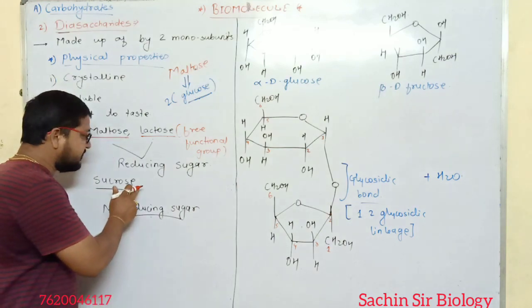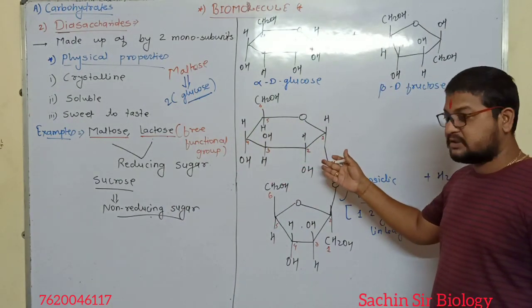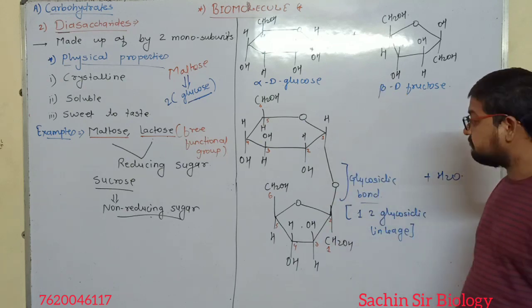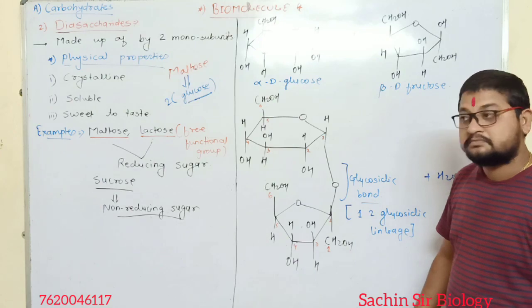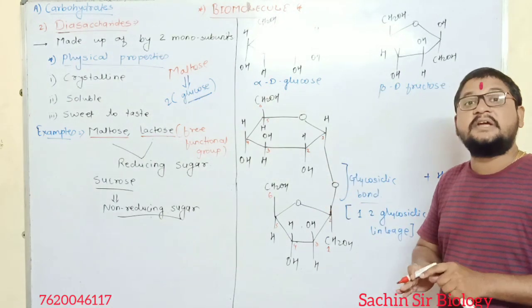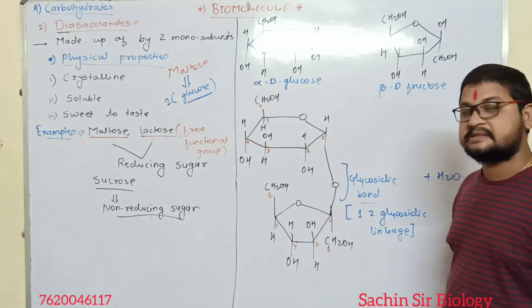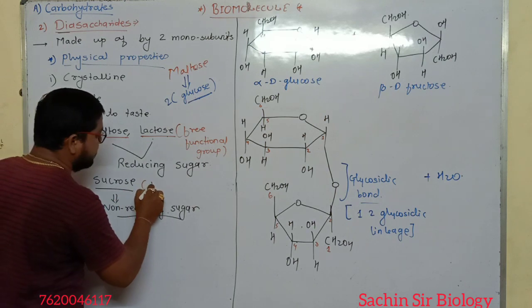But during the formation of sucrose, see, the structure is already present on the whiteboard. There was no free functional group. This sucrose is devoid of functional group, and hence this sucrose is called a non-reducing sugar.